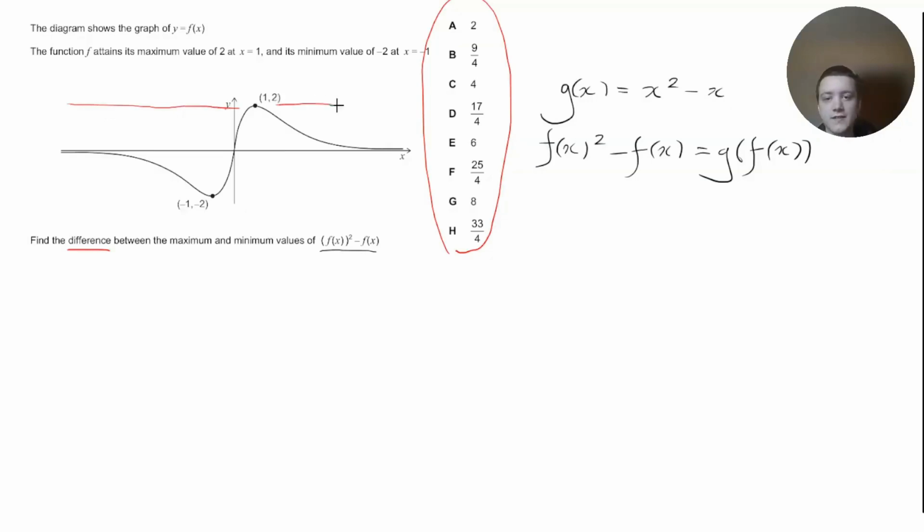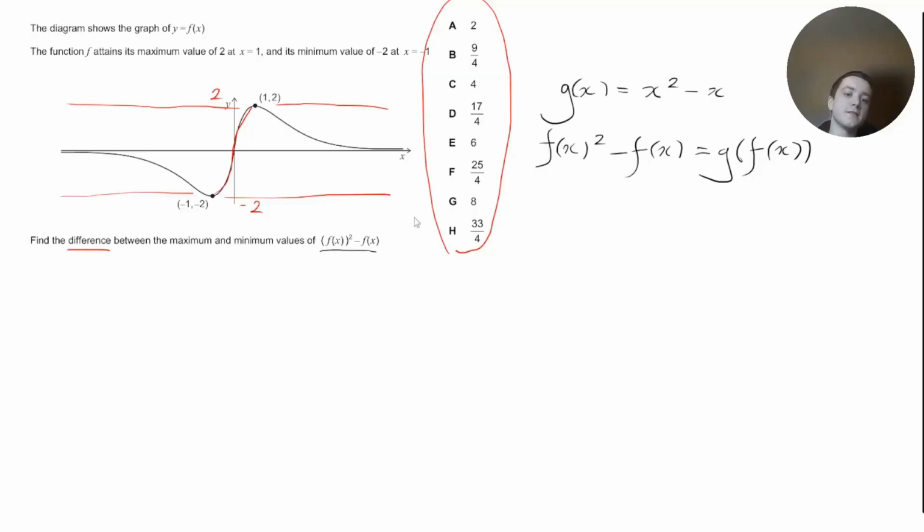So we're told that the maximum and minimum are 2 and -2 respectively. So the function stays between these points. And we can also see visually that it takes every value in this range, but no values outside of it.